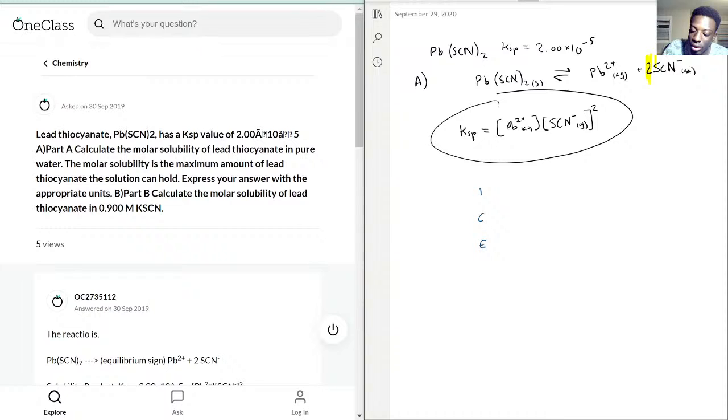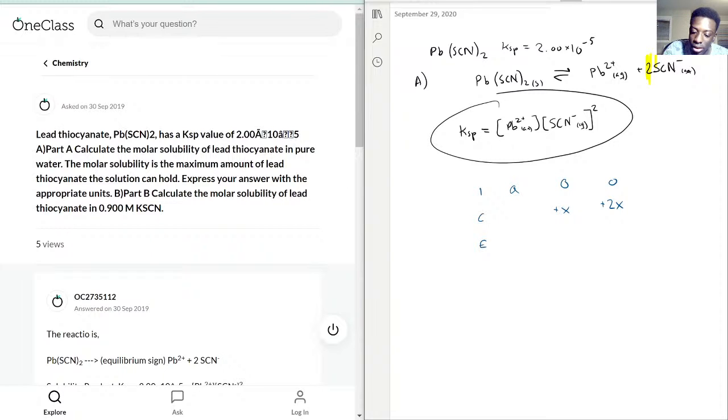So it starts off with 0, and the change is going to be plus x, same here, well actually plus 2x. Let's just say the initial amount of the solid is a value like a, because based on this form we don't need it. So initial is a for the Pb(SCN)2, okay?